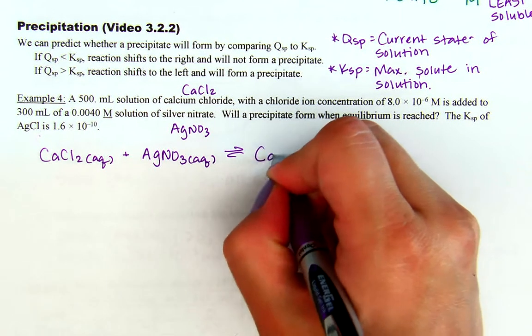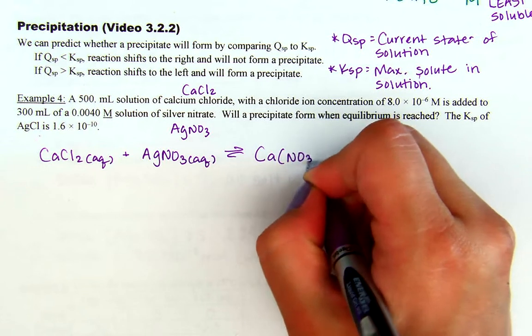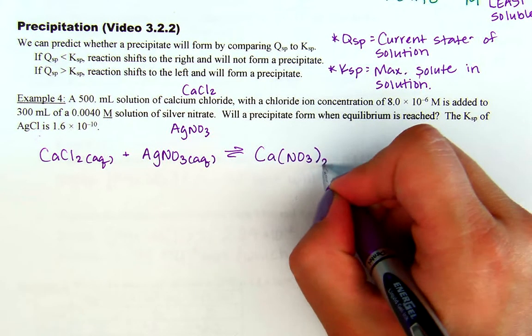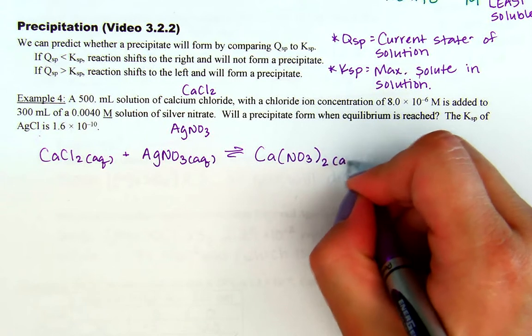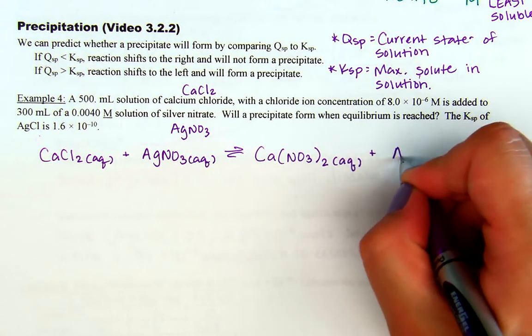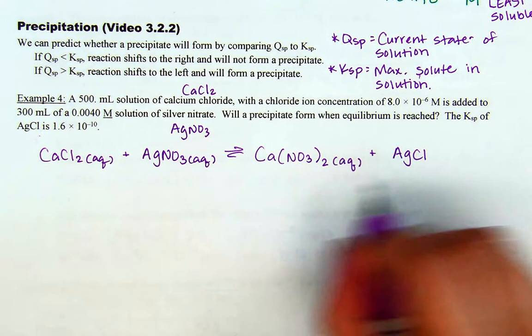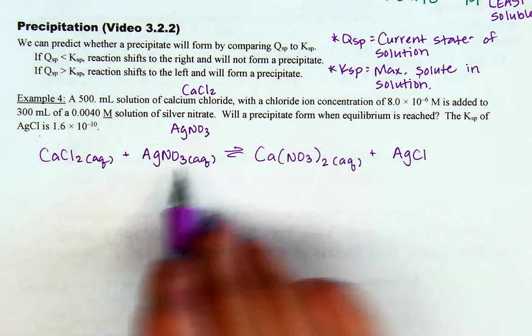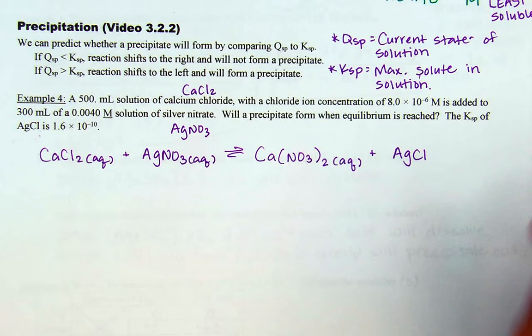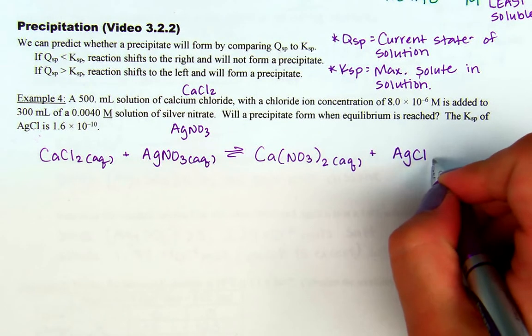So we're going to get our calcium nitrate, and nitrate's -1. Calcium's +2, so we need 2 nitrates. That is soluble, you know from your solubility rules, plus silver chloride. Our silver was +1 because nitrate is -1, and your chloride is -1, so just AgCl.